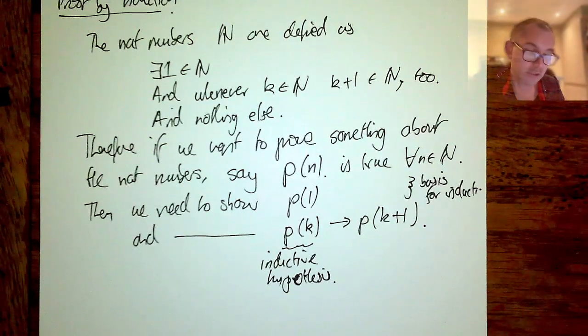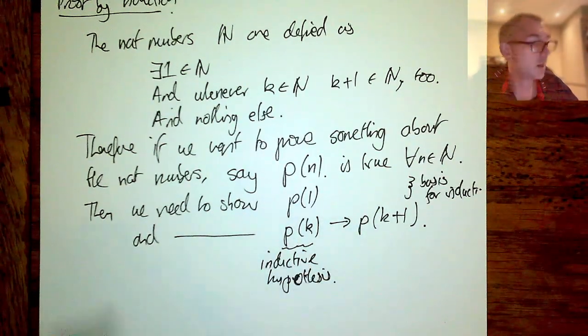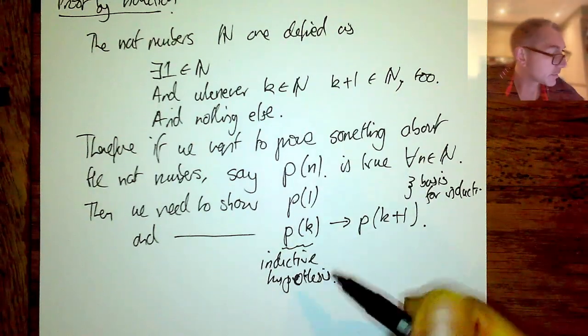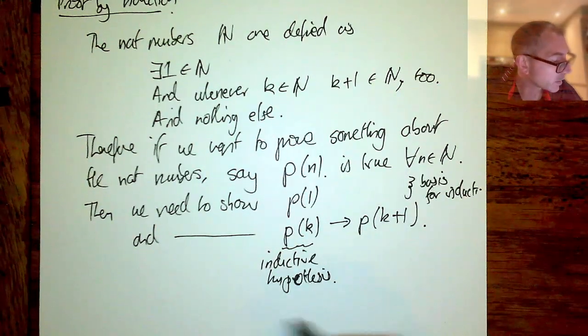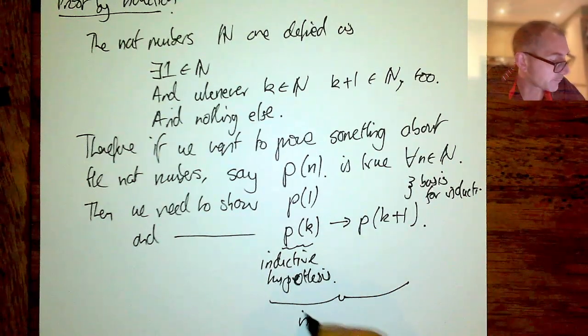It's a hypothesis because we assume that something is true for k. And then the inductive step, so this implication, is the inductive step.